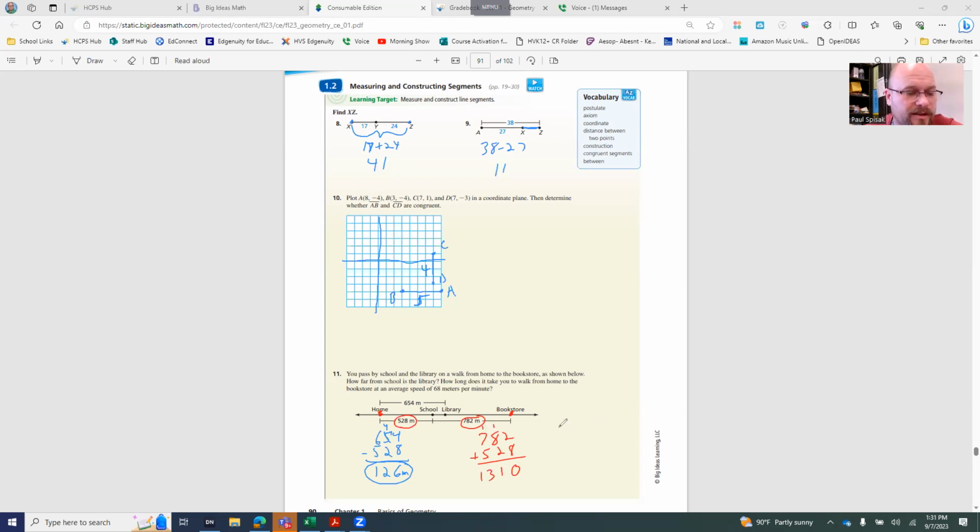So I get 1,310. That total length in meters then gets divided by the speed we were walking, 68, to give us a total time of 19 point, I don't remember the number, I think it's like 19.26. I haven't had to use a calculator up until this point. Let me see if I have a calculator right here.